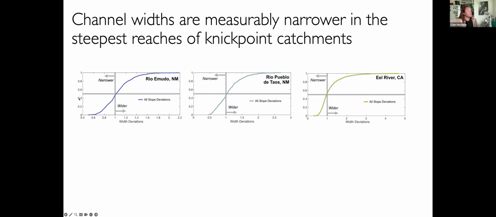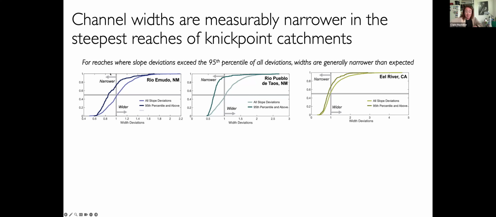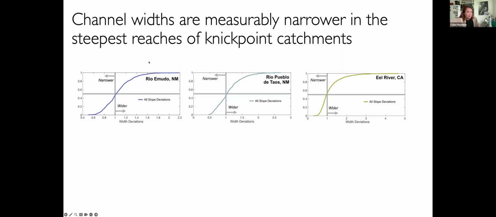These are CDF plots of our width deviations only. You'll see that in all of these plots, we have generally symmetric deviations, and that 50% of our data sets are narrower than we would expect, and 50% of our data sets are wider than we would expect.